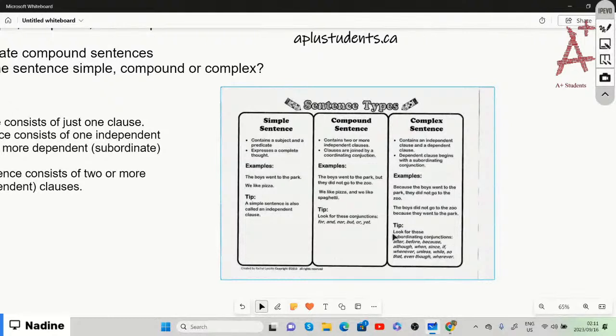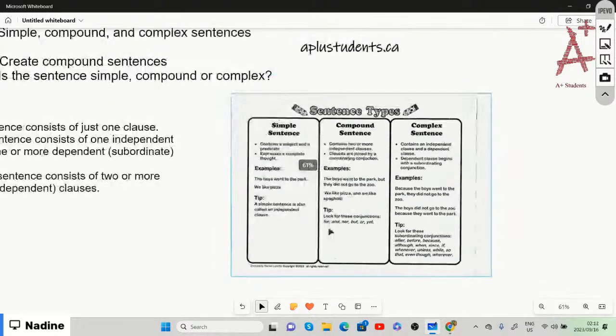So because is the subordinating conjunction that the complex sentence begins with. And then: The boys did not go to the zoo because they went to the park. So there it does not start with the subordinating conjunction, but it is in the middle.